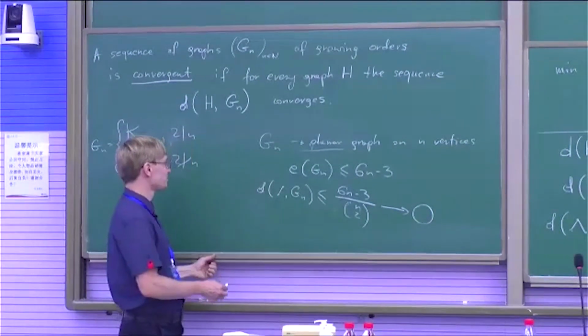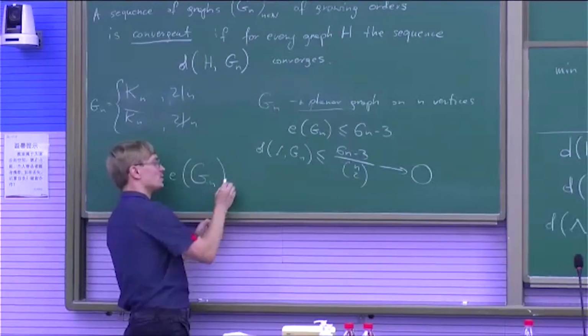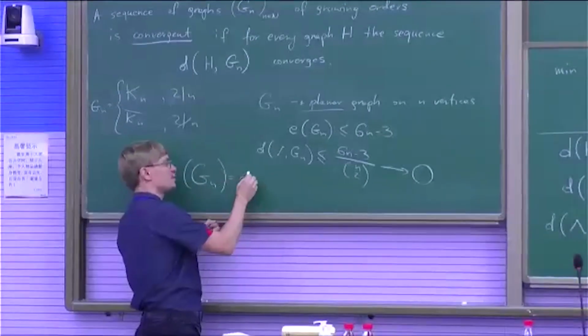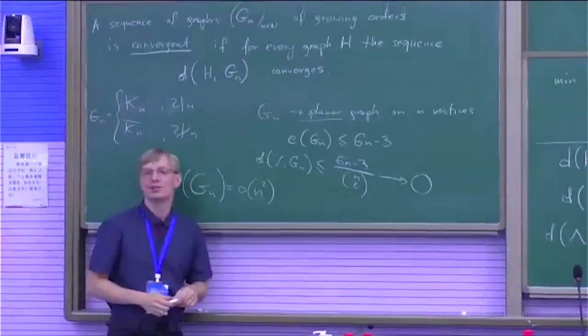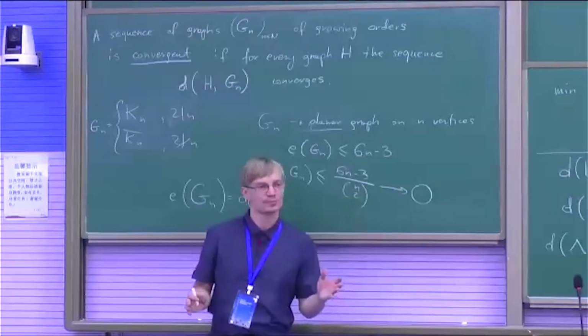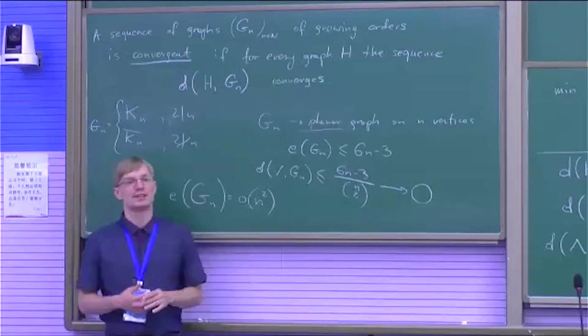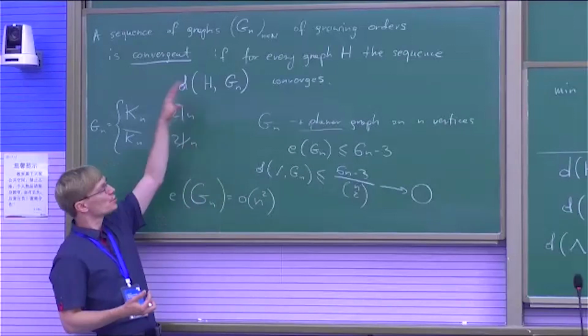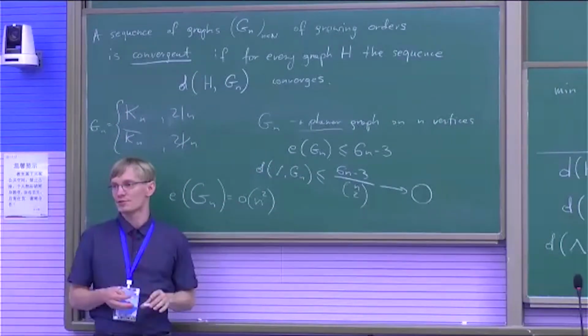In general, if I have a sequence of graphs whose number of edges is subquadratic, so little o of n squared, then it will be convergent, with the same reasoning. So what I want to emphasize is that this notion of convergence is capturing only dense graphs.